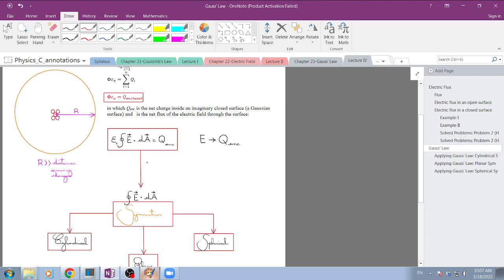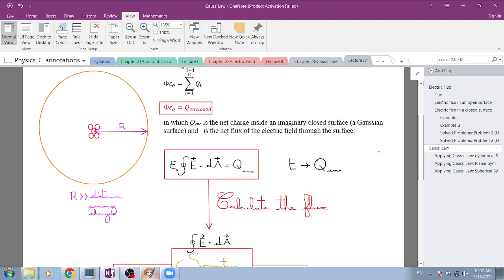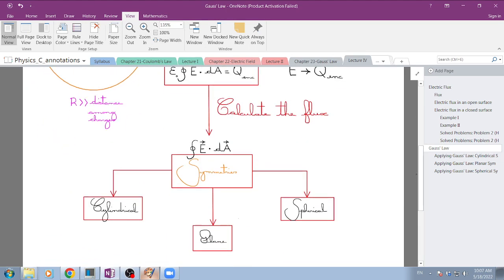To solve these more easily, the simplest way of calculating the flux is to use symmetries, so as to make your life easier. That's the best way of doing it.